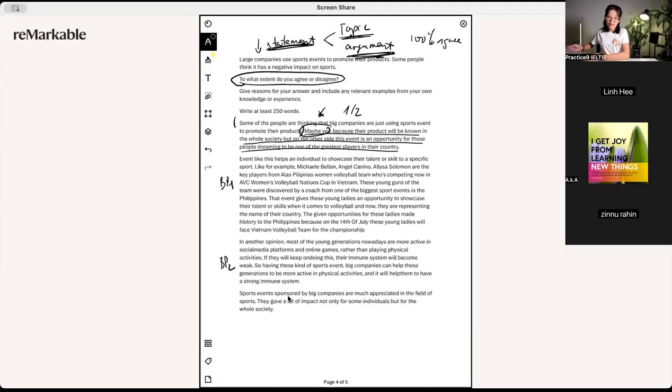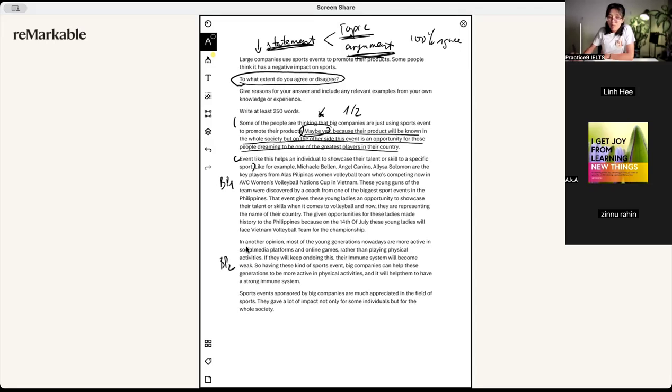Now we are going back to the essay that we have at hand. As you can see here, the first sentence of the first body paragraph is: Events like this helps an individual to showcase their talent or skill to a specific sport.